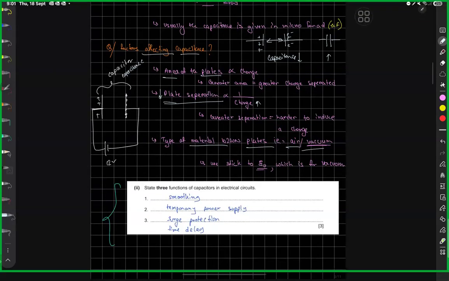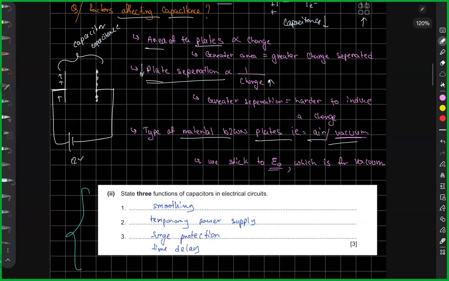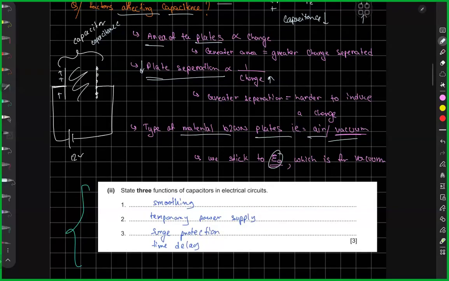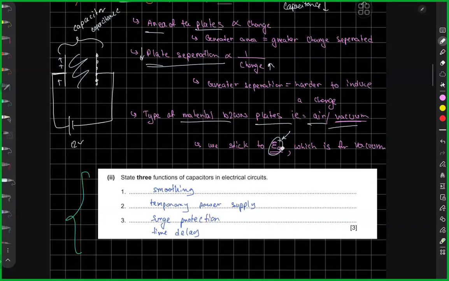The value that we will be working with for the permittivity of space inside will be that of a vacuum, and that is considered as epsilon naught. You can dive more into this online if you wish. If you want to learn a bit more on the side, no problem. But basically, we consider one value for permittivity, and that is a vacuum.